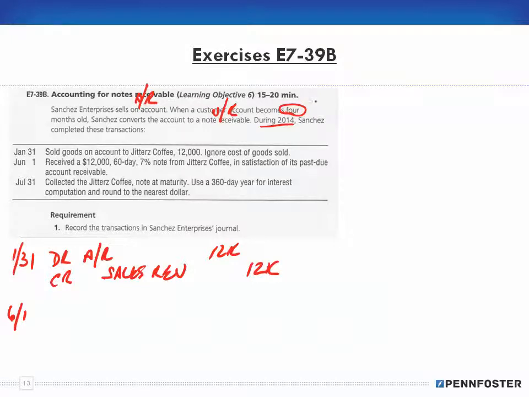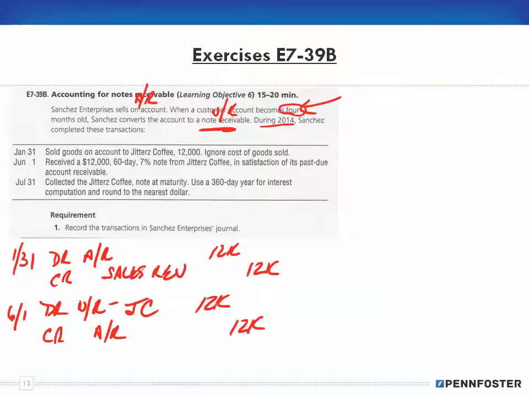According to this, if the account is 4 months old, it converts it to a note receivable. Well, if we're going to convert it to a note receivable, we no longer have the accounts receivable. So we're going to credit our accounts receivable to get it off the books, and then of course we're going to debit notes receivable, Jitzer Coffee, for $12,000.